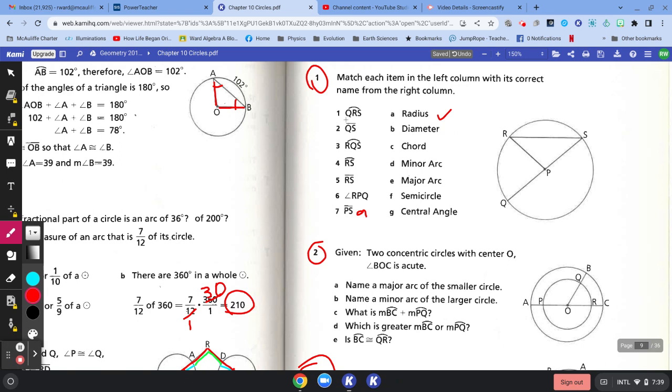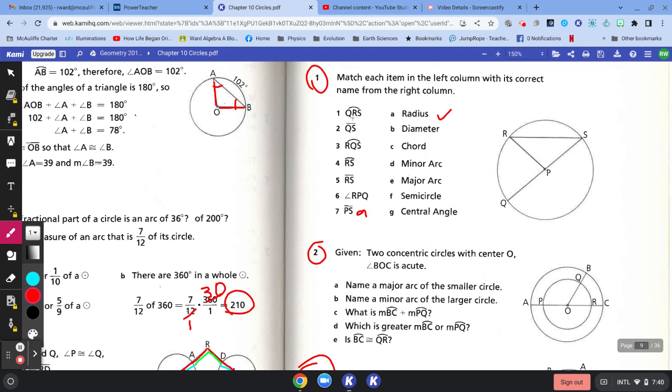Let's find arc QRS. Since it's got three letters, that means it's a major arc. So that is going to be E. That's a major arc. That's going to be QRS. Okay, so it's going to be the arc that includes QRS. It looks like that's actually a semicircle, though.